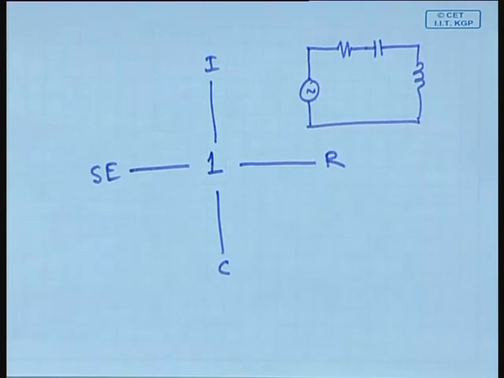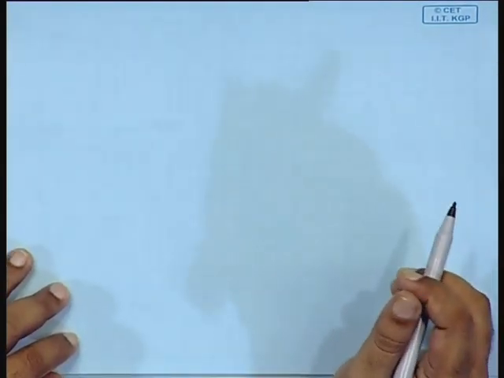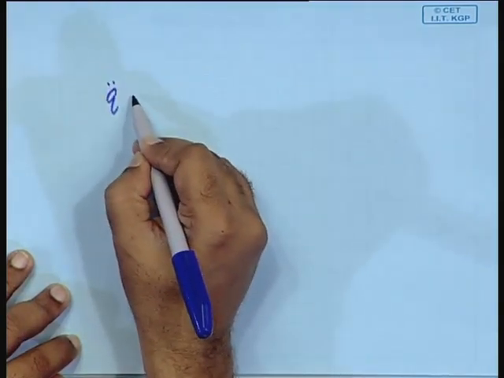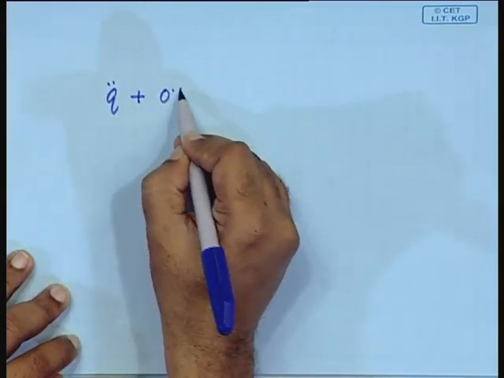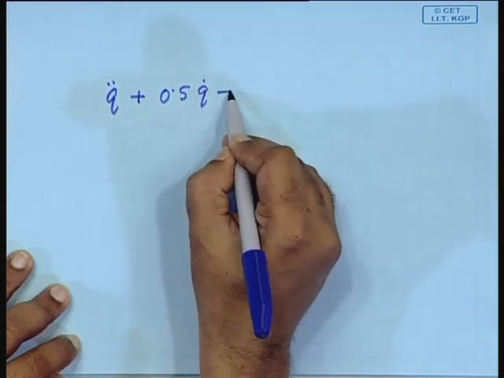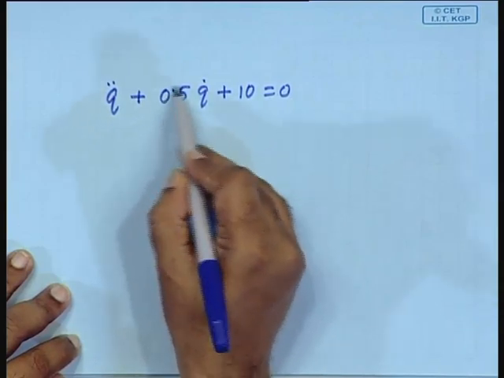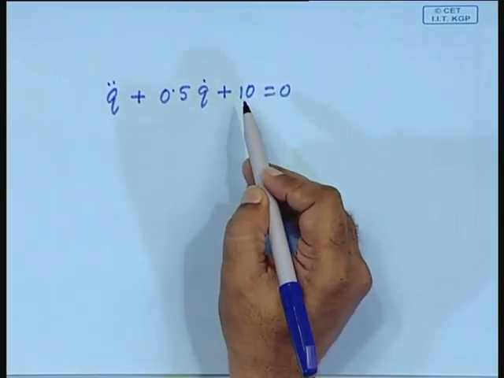Yes, Vamsi, why are you taking so long? Decaying sinusoid? Okay, tell me the equation. Q double dot plus 0.5 Q dot plus 10 Q is equal to 0. Can you in general give these values, that means in terms of the parameters?